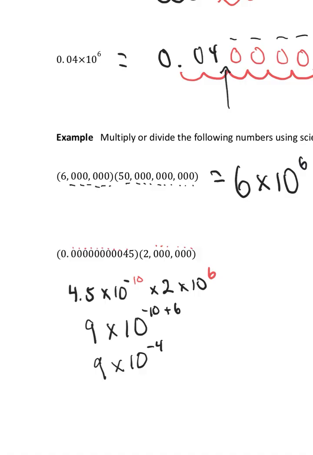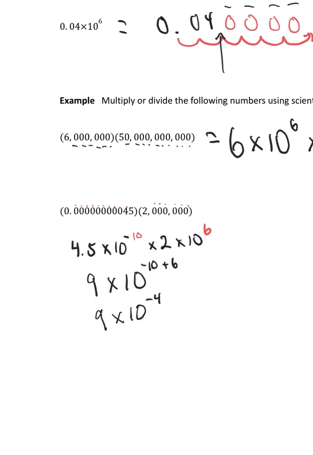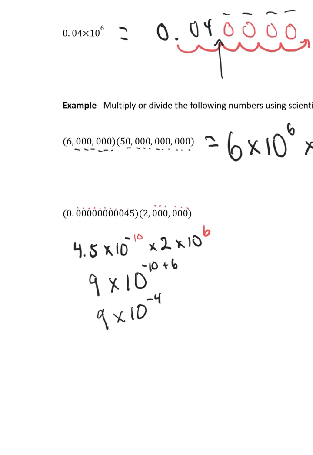So notice the smaller number, that 0.000045, was smaller than the 2 million was big. So that's why this ends up being a small number. If you wanted to think about what that number was, that would be 0.0009, right? A very small number. 1, 2, 3, 4 places to the left.